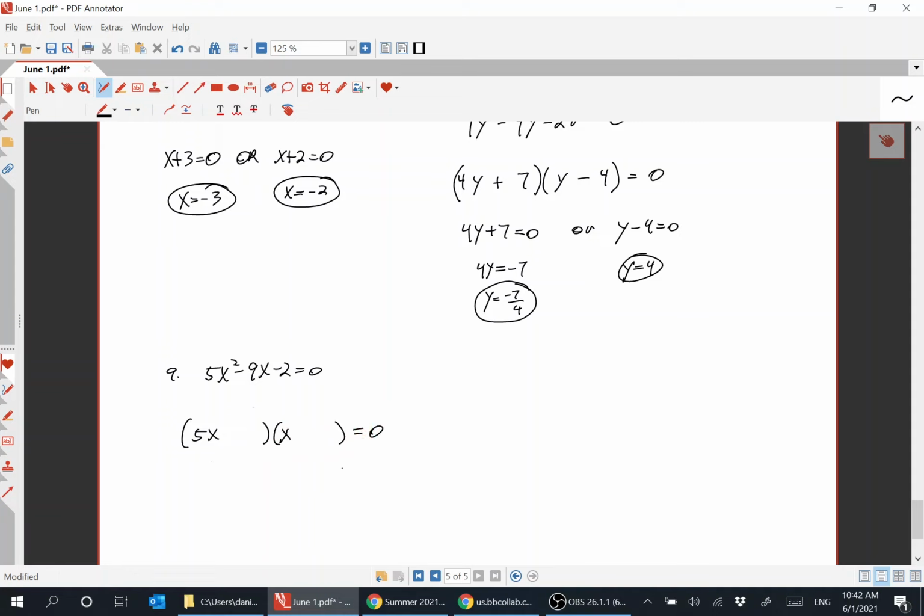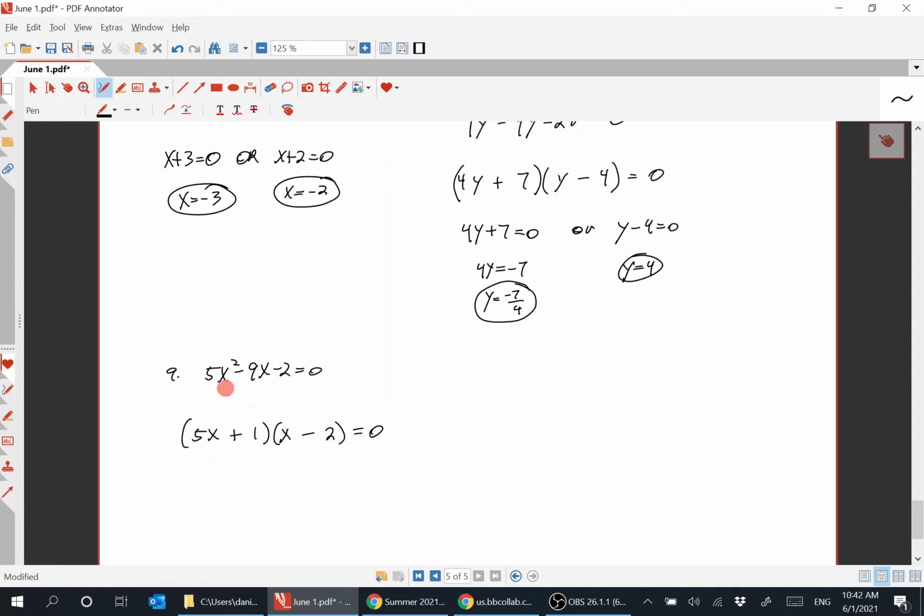It's going to factor because I told you it does. And then 2 is 2 and 1. And then this is going to be 9. Well, 2 times 5 is 10, minus 1 is 9. So that's definitely the way to go. It's going to be the 2 here and the 1 here. It's a minus 9. So that's it.